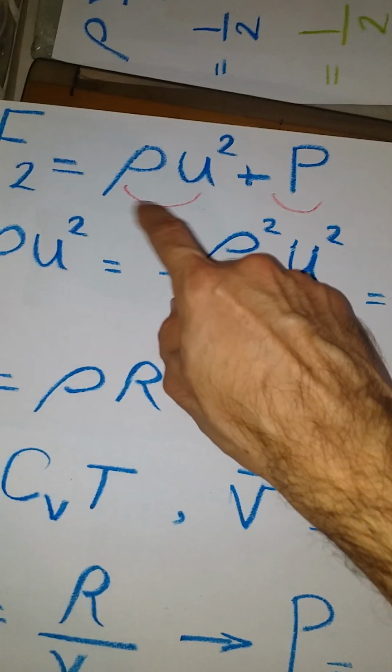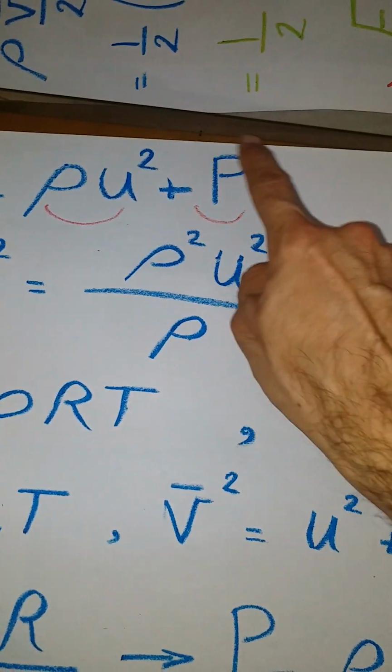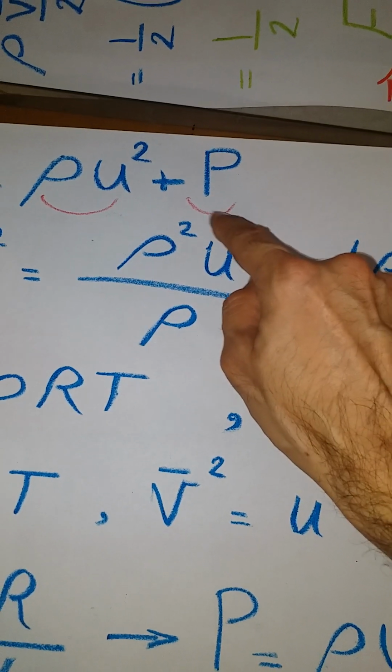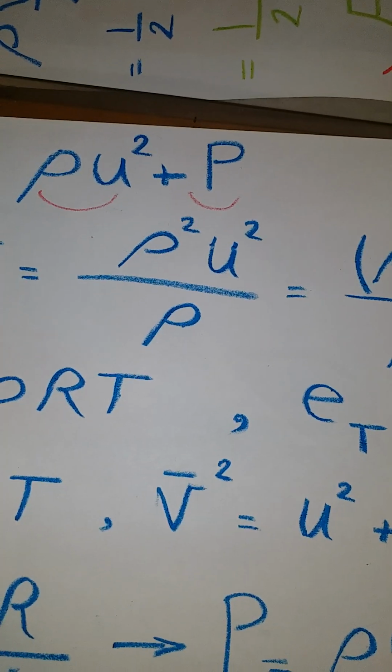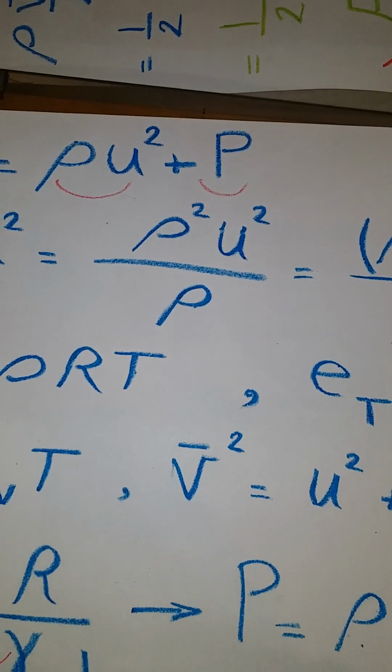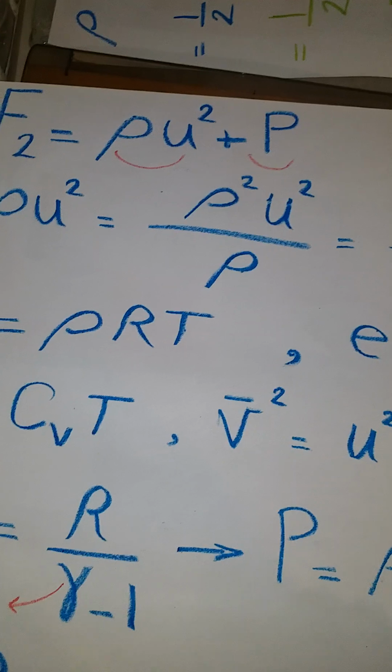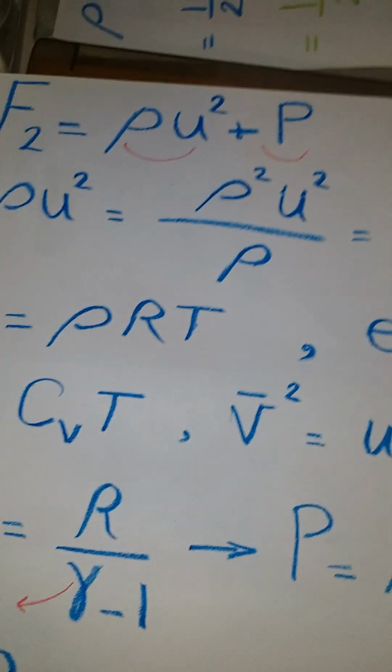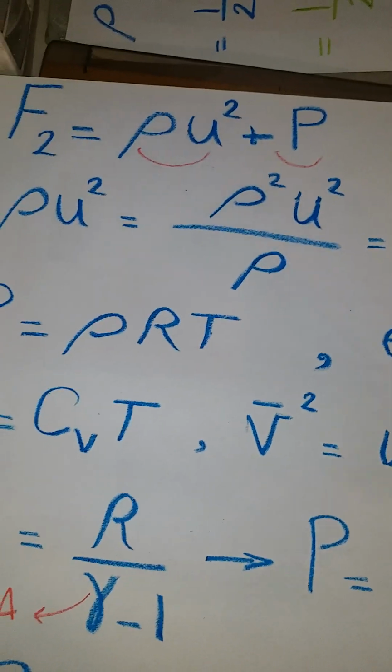Excuse me. This was just for the first term. For the second term, we need to transform P into conserved variables again. In fact, we need to derive it.